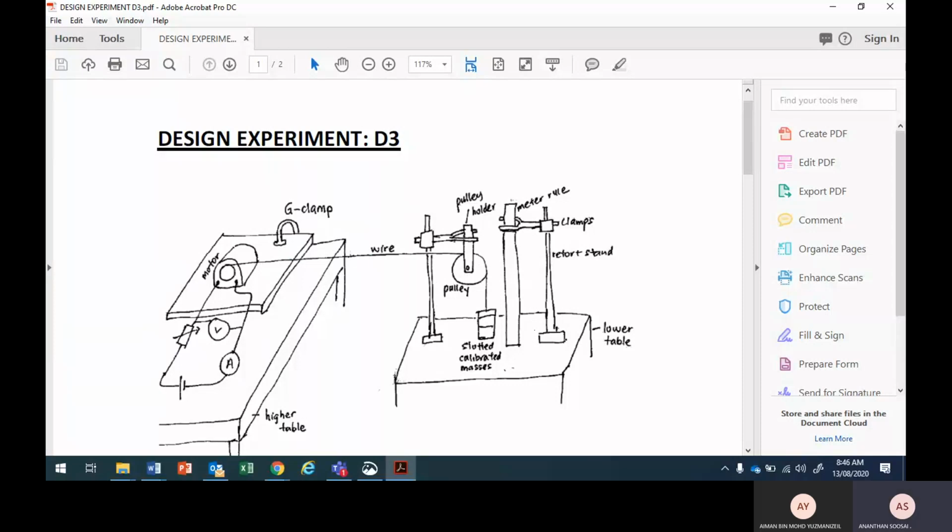Okay, so input power we calculate by using I times V. Output power we calculate by using mgh over time. The work done to raise the height, the potential energy, over the time is your output power.